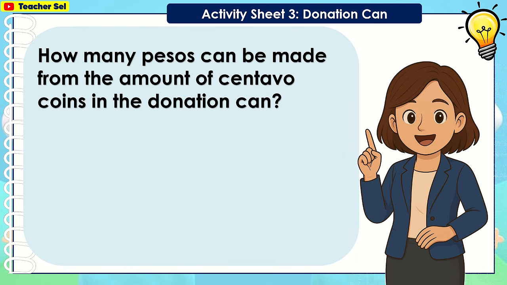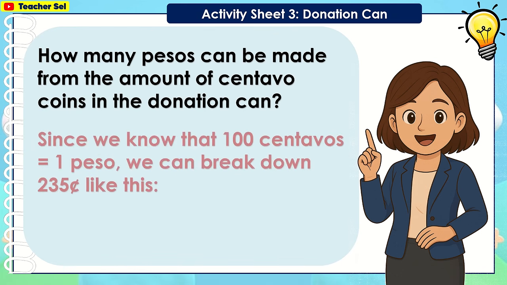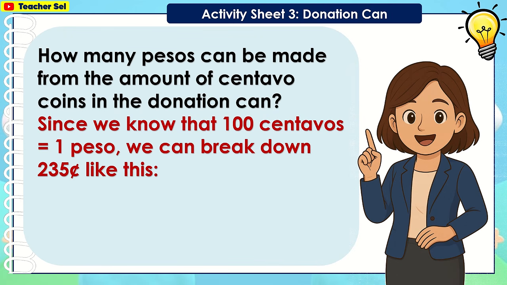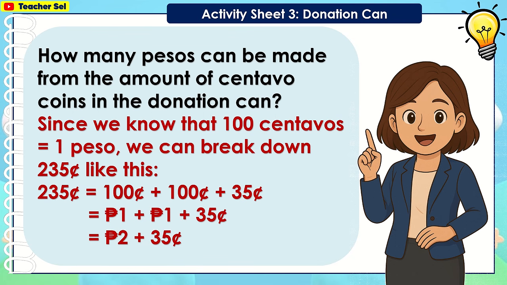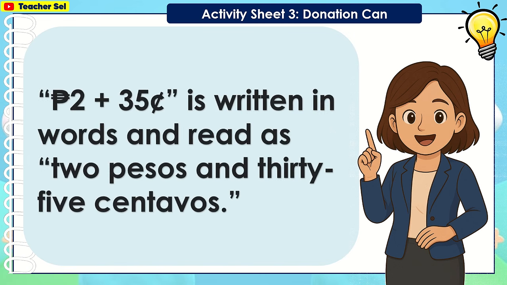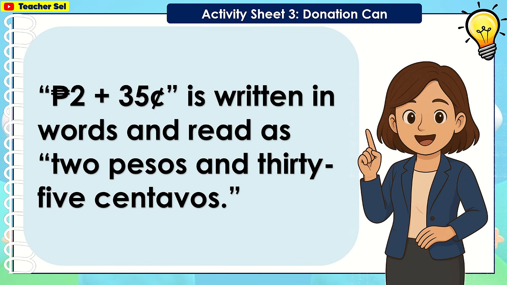How many pesos can be made from the amount of centavo coins in the donation can? Since we know that 100 centavos is equal to 1 peso, we can break down 235 centavos like this. 235 centavos is equal to 100 centavos plus 100 centavos plus 35 centavos, which is equal to 1 peso plus 1 peso plus 35 centavos, which is equal to 2 pesos plus 35 centavos. 2 pesos plus 35 centavos is written in words and read as 2 pesos and 35 centavos.